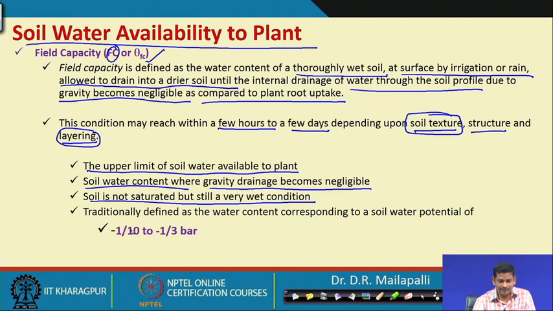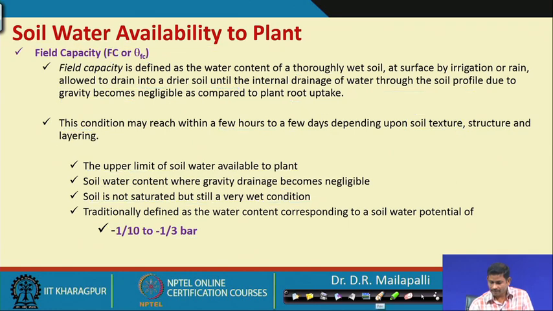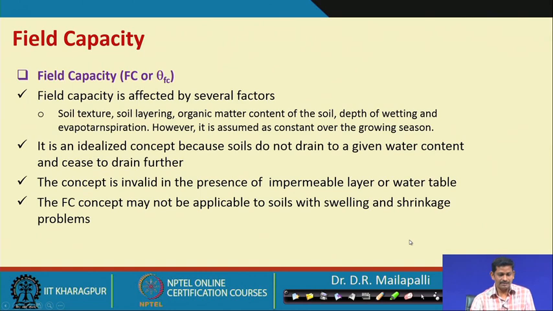And as I mentioned, the soil moisture stress at field capacity varies between -1/10 bar to -1/3 bar. Next, field capacity is affected by several factors: as I mentioned, soil texture, layers, organic matter, and also the depth of wetting.